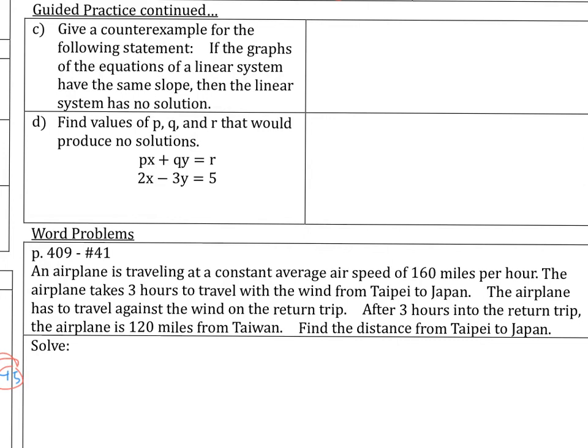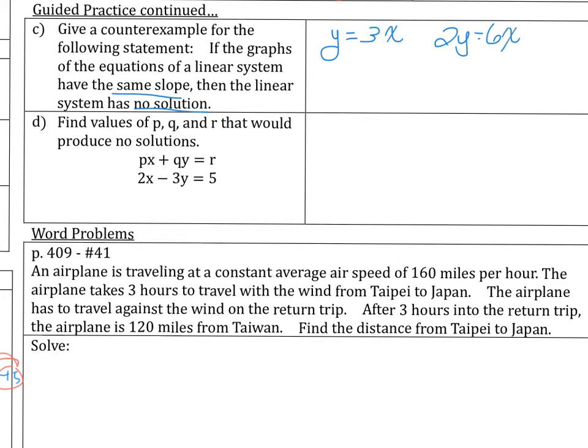Part C. Give a counterexample for the following statement. If the graphs of the equations of a linear system have the same slope, then the linear system has no solution. Well, this is not always the case. What if you have two equations such as y equals 3x and 2y equals 6x?